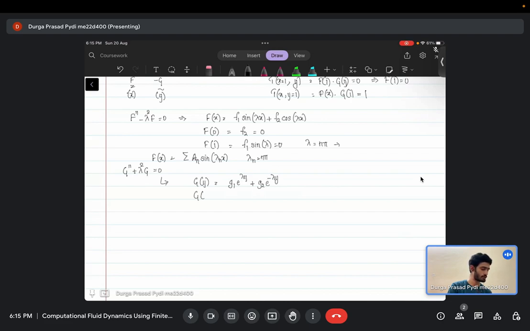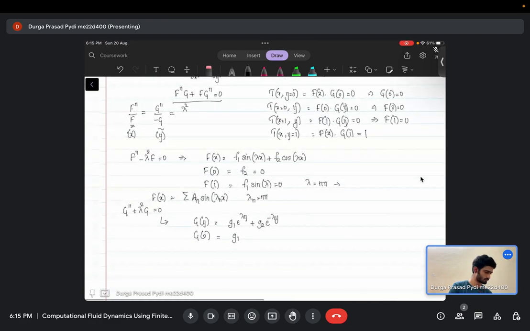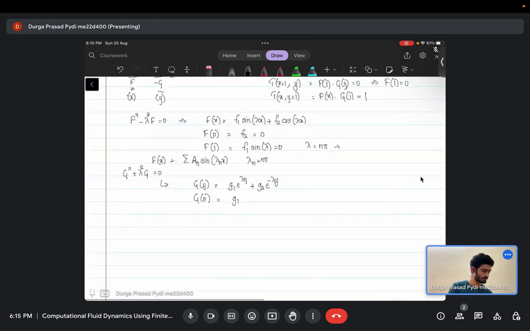We have only one condition on this, that is g of 0 equals g1 plus g2 equals 0. If you substitute it back into g of y, you can write it as some constant g1 times e power lambda y minus e power minus lambda y. I can just write it as 2 times c1 sinh of lambda y.